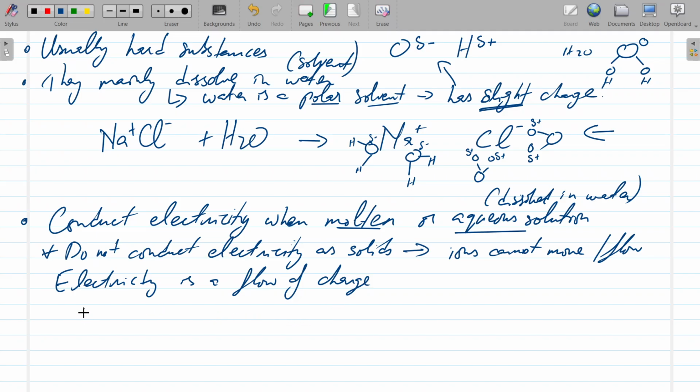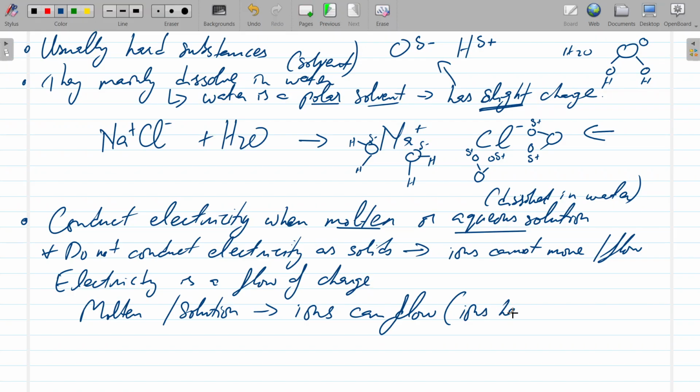And so when molten or in solution, the ions can flow. And the ions have charge. Thus, they can conduct electricity. Does that make sense?